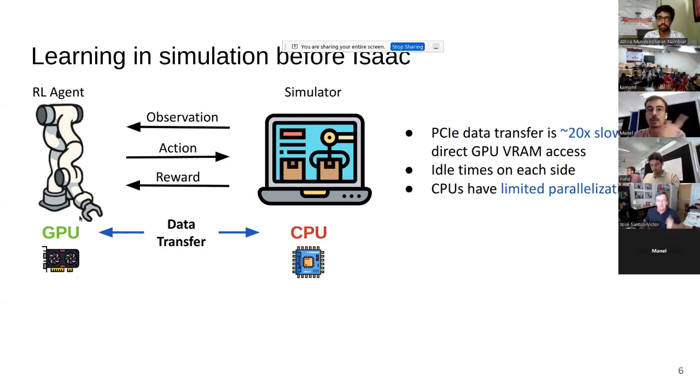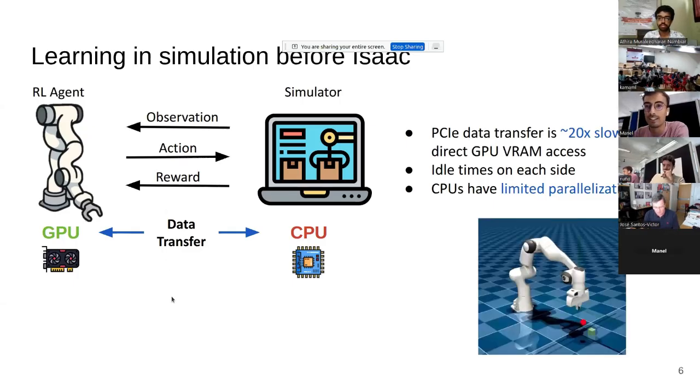So you always have this happening thousands and thousands of times per second. But the problem is that it's slower to do it like this because sometimes one of the sides is waiting for the other one to finish. And also because having everything in one is much faster because you eliminate the data transfer.